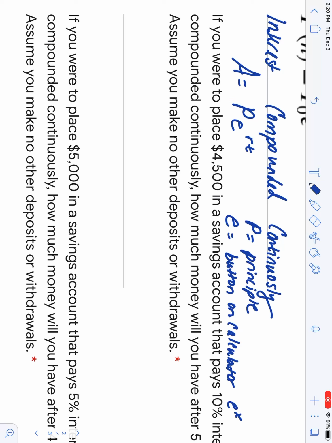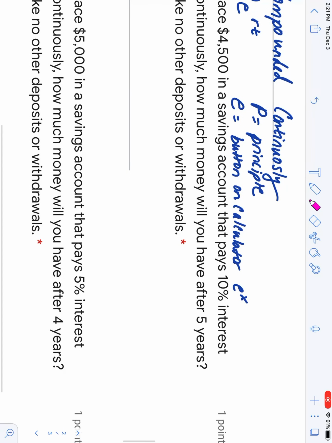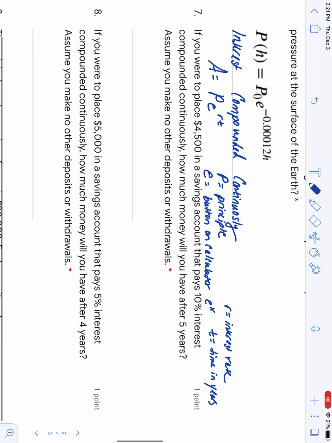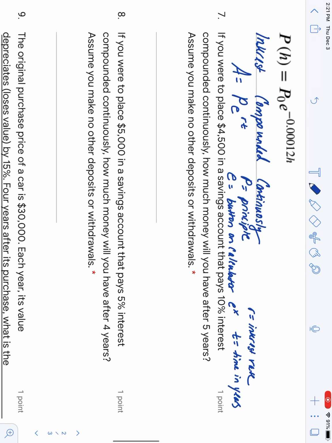You'll be taking it to the rt power, where r is your interest rate, and t is time in years.